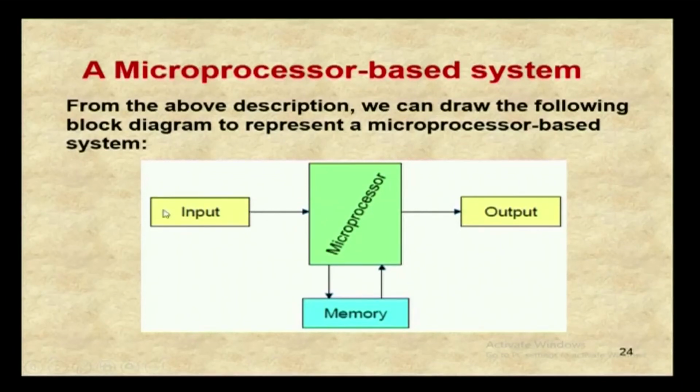It can receive data from a keyboard or a card reader and so on. So this is the input. Input device, output device and the memory. The memory has arrows in both directions, because the microprocessor can receive the data, process it and send it to the memory. This is the block diagram of a microprocessor based system.